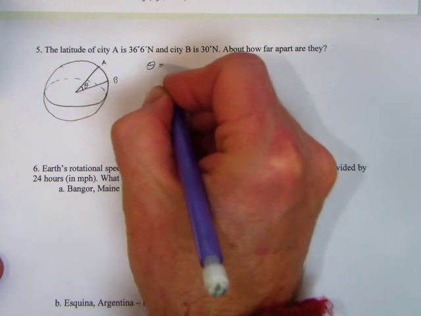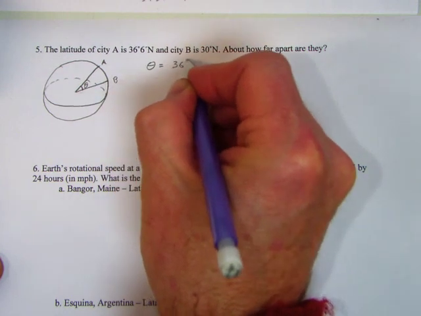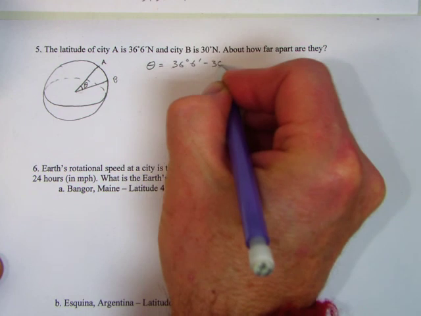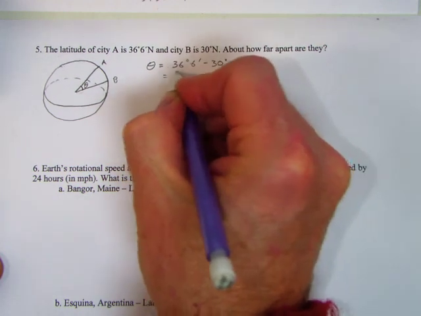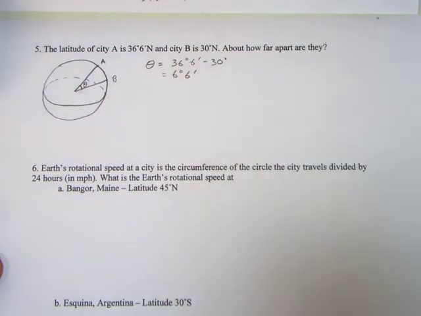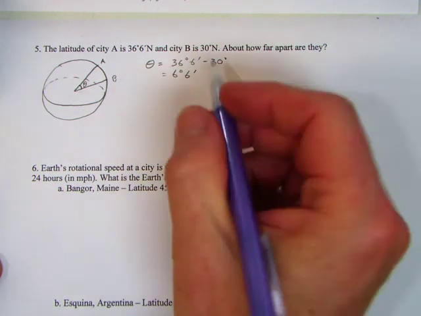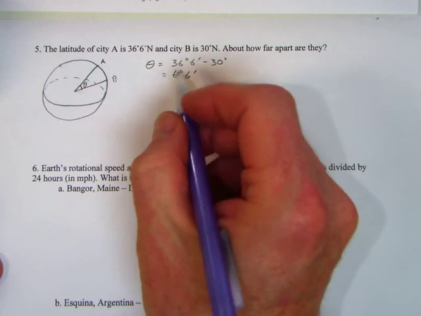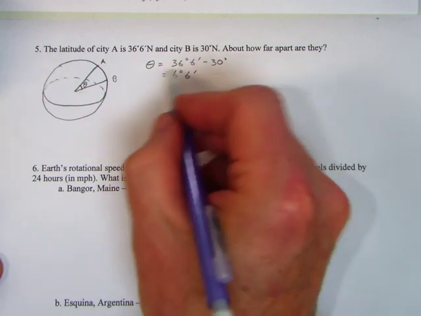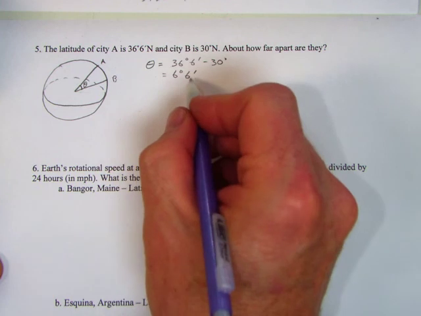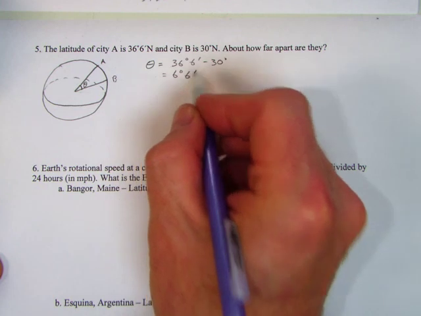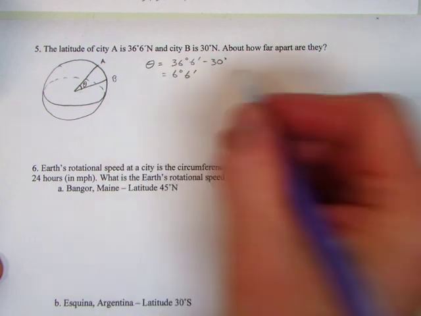Well, theta is going to equal our 36 degrees 6 minutes minus 30 degrees, so we get 6 degrees 6 minutes. And at this point, we'll set it up just the way we did before. The only difference between this one and the last one is now we had to do the subtraction to find this, but we have this 6 minutes. We're going to need to convert that to degrees.